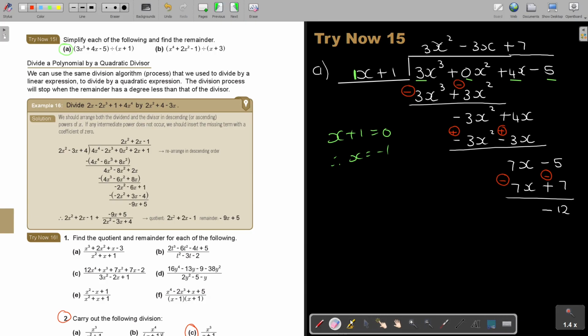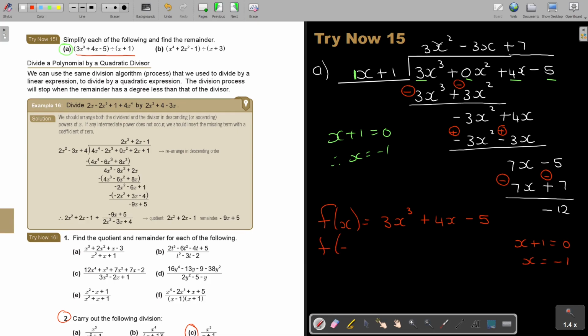If I want to get to this -12, I could have also done it just like this. So what was f(x)? f(x) was equal to 3x to the power 3 plus 4x minus 5. If I'm going to divide it by x plus 1, I put it equal to 0, so x is equal to -1.